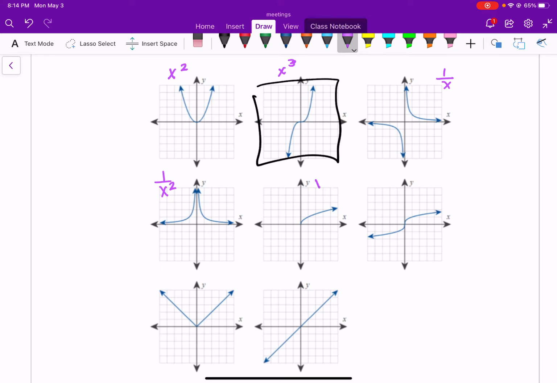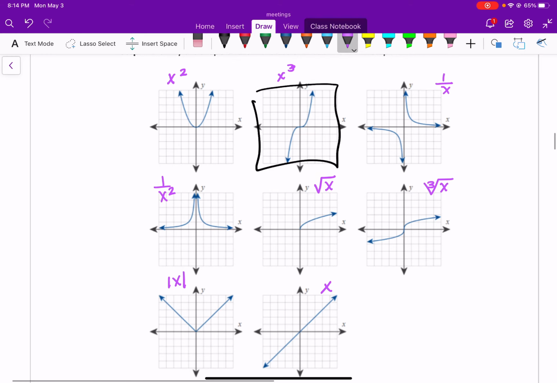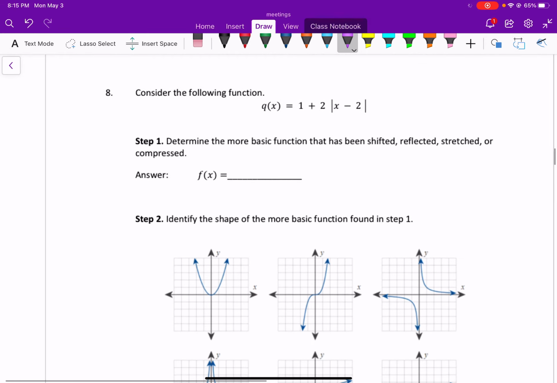This middle one here is the square root of x. This last one on this row is the cube root of x. Then for the last row here, we have the absolute value of x. And then this last one's our linear function, or just x. So if you don't have those memorized by sight, you need to make sure that you work on memorizing those 8 graphs.